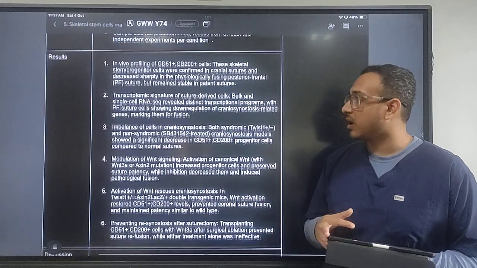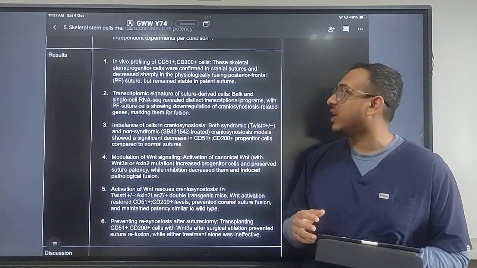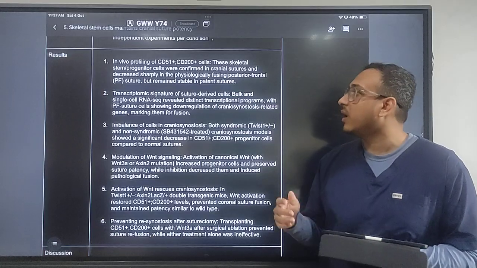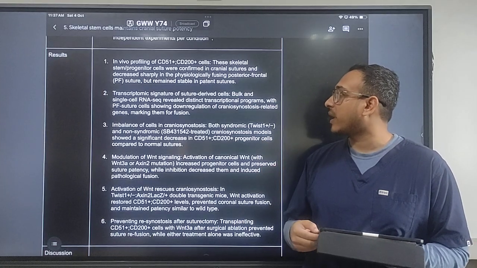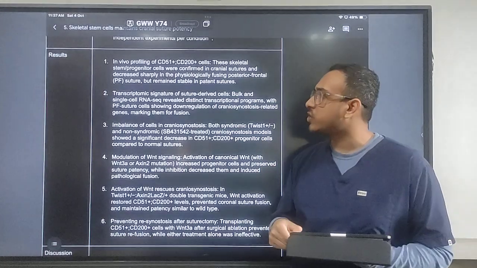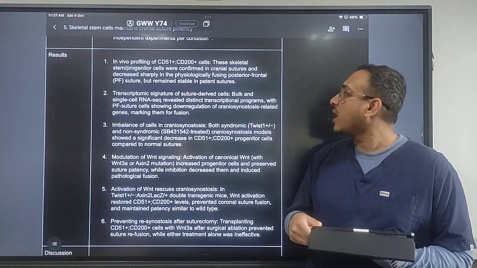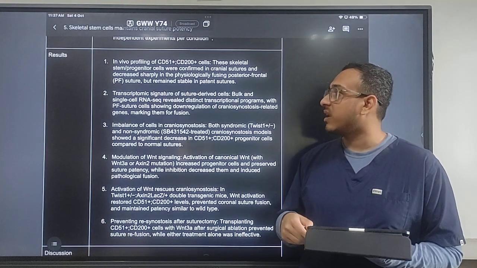For the transcriptomic profiling of suture derived cells, bulk and single cell RNA sequencing revealed distinct transcriptional programs, with PF suture cells showing downregulation of craniosynostosis related genes, marking them for fusion.